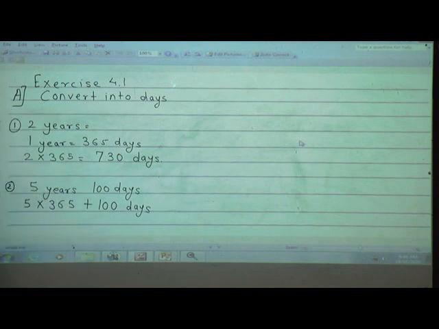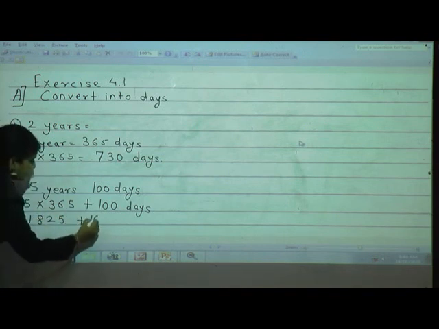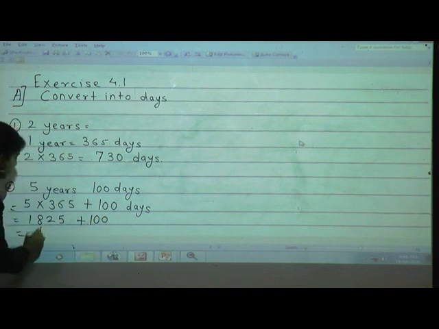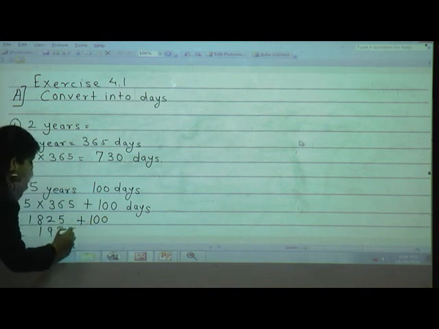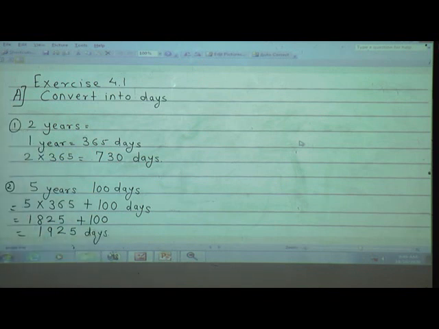So do multiplication students. 365 multiplied by 5, you will get 1825 days plus this 100. So your answer will be 1925 days.